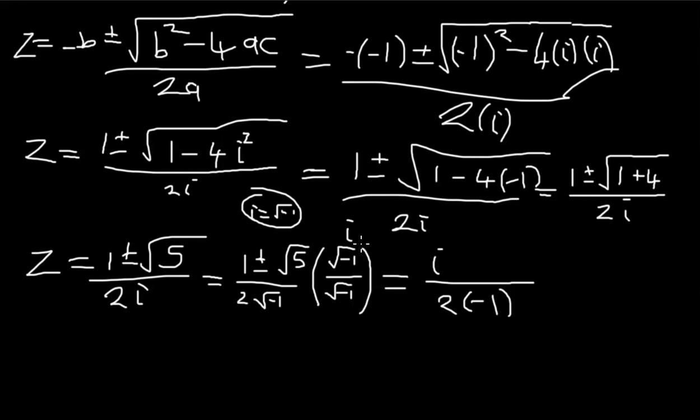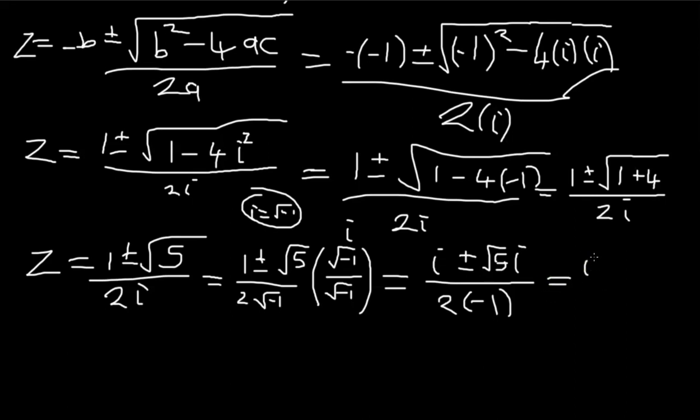When I multiply i times root of 5, I get plus or minus i root 5. And 2 times negative 1 is negative 2.